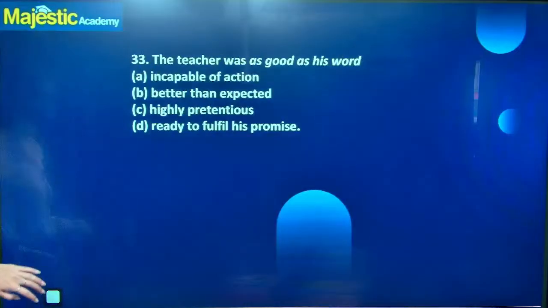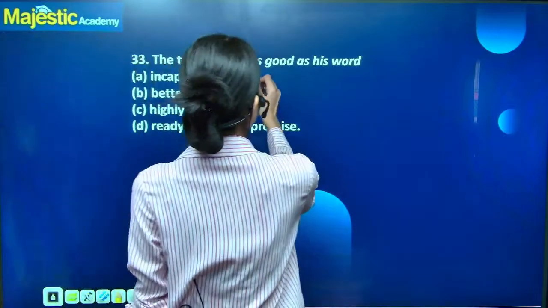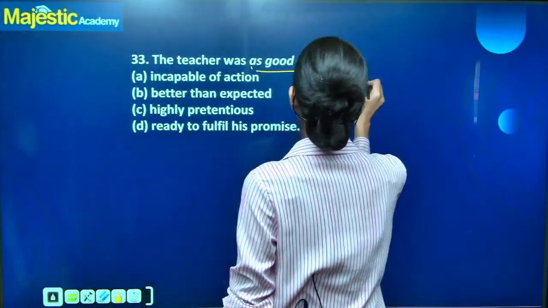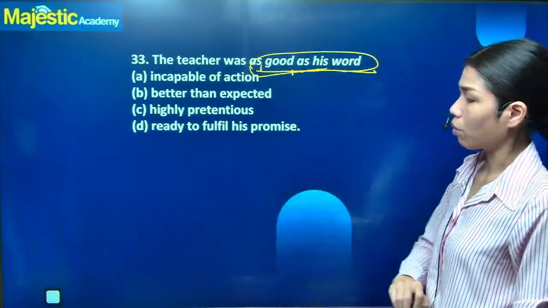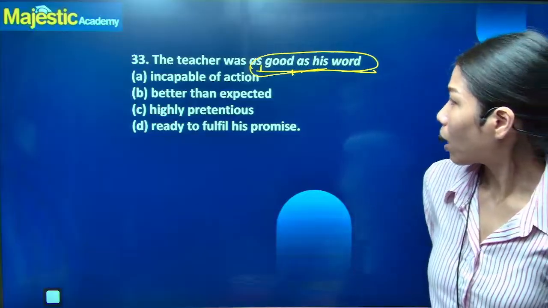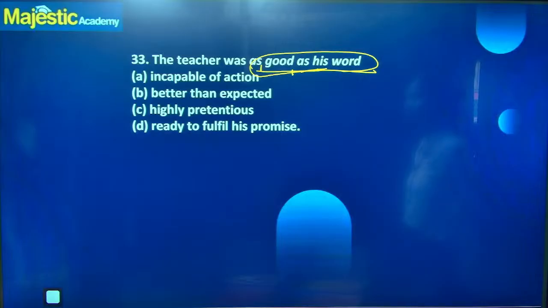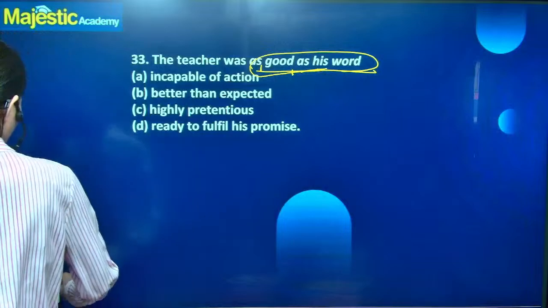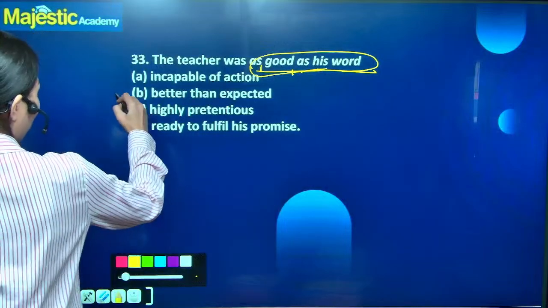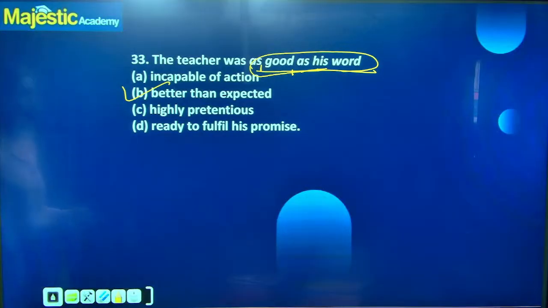ठीक है? Question number 33, and it says the teacher was as good as his word. ठीक है? अब ये जो word है इसको हमें इसका idiom और इसका meaning हमें ढूंढना है. And the options say incapable of action, better than expected, highly pretentious, and ready to fulfill his promise.